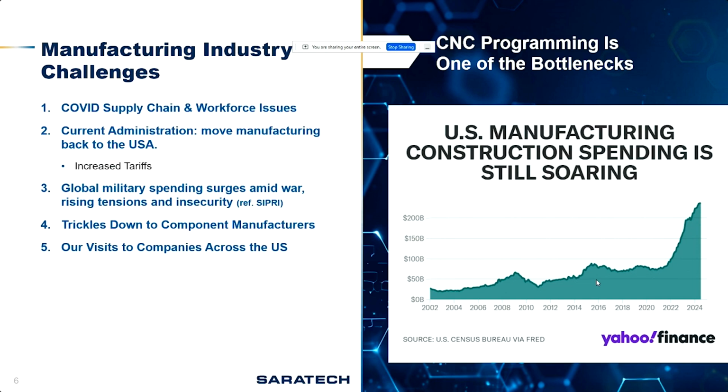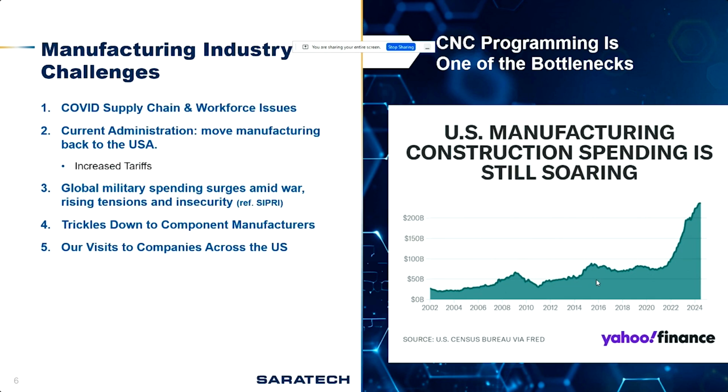And the current administration has since been moving more and more manufacturing to the U.S. So this compounds the problems we're seeing right now. You can see, look at the spend in this Yahoo Finance reference, investing in more U.S. manufacturing construction has really spiked. So we can continue to see this problem grow.